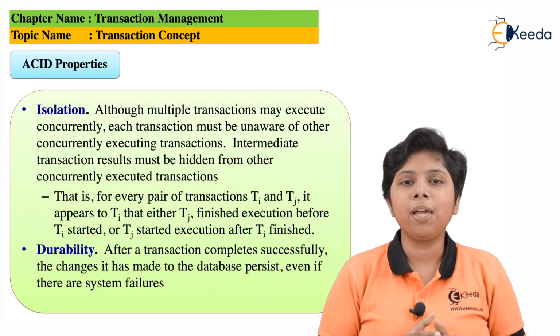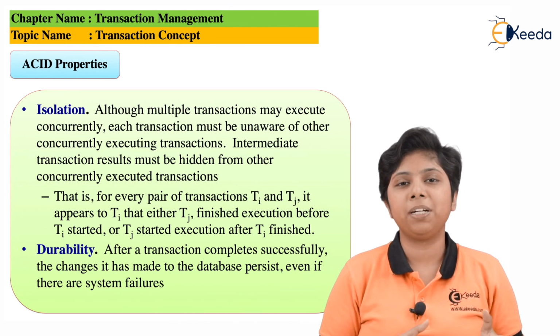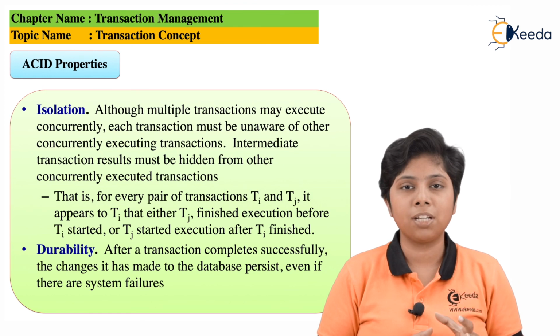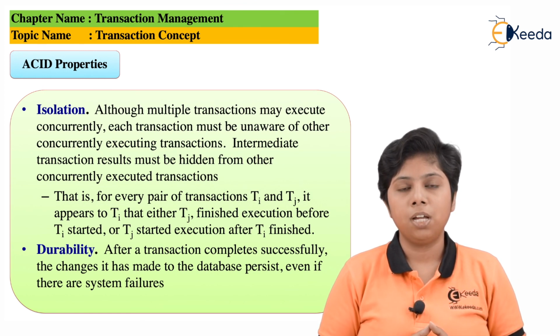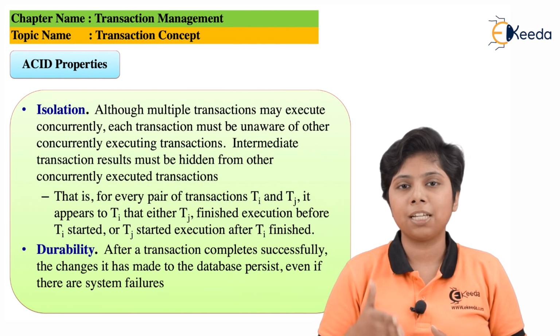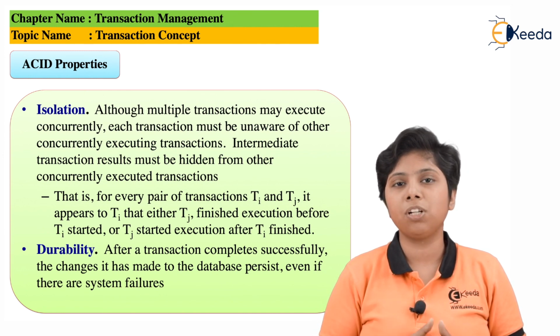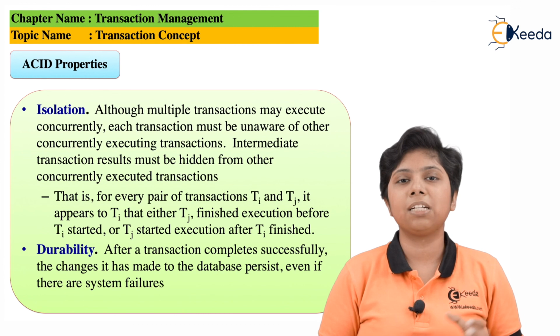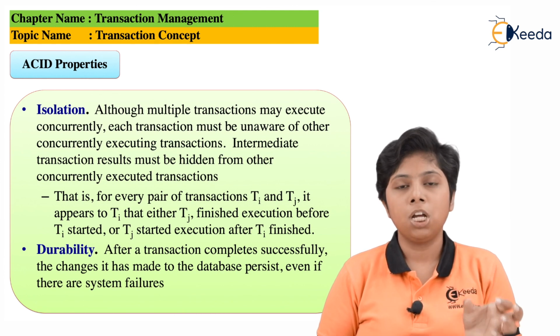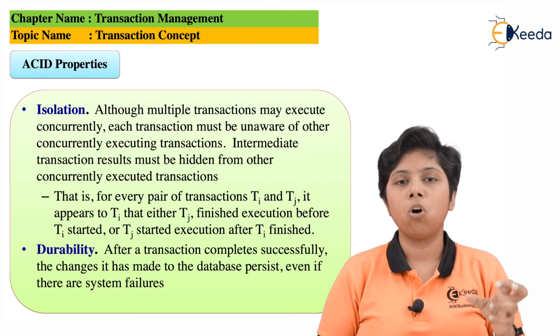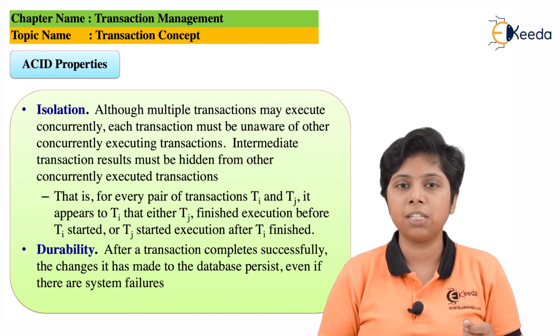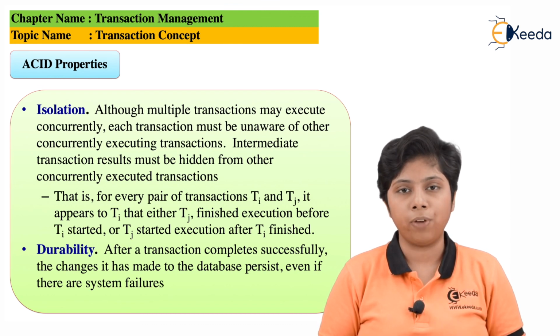In this way we can maintain these four properties of a transaction to make it complete successfully. After a transaction has completed successfully, we say that the transaction is committed. Committed means the transaction has successfully finished all its operations in the given sequence.